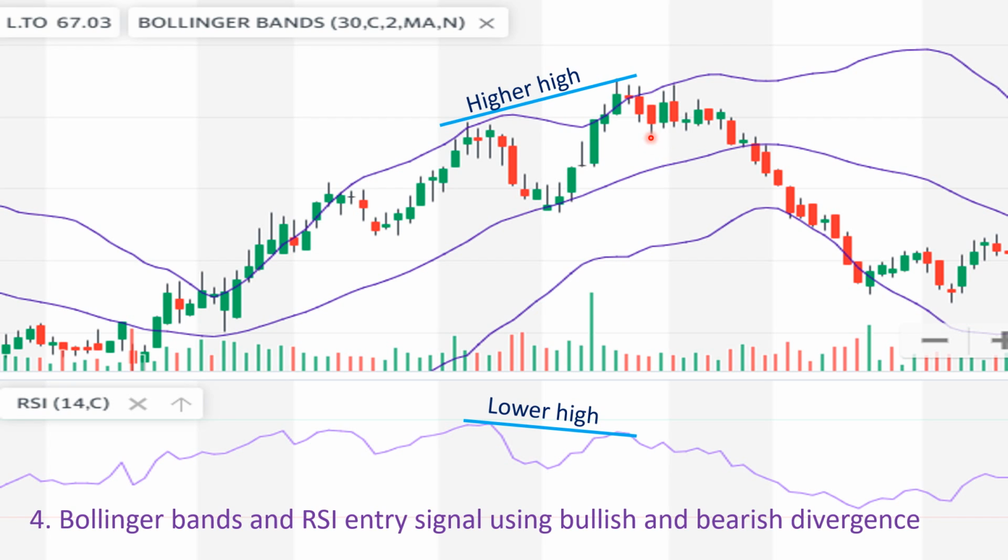As soon as this bearish candle drops below the close price of this candle, you can exit the trade and put your stop loss 1 or 2 ATR above the upper band. And you can have the same strategy for bullish divergence. So this is another golden strategy that you can use to enter or exit the trade.